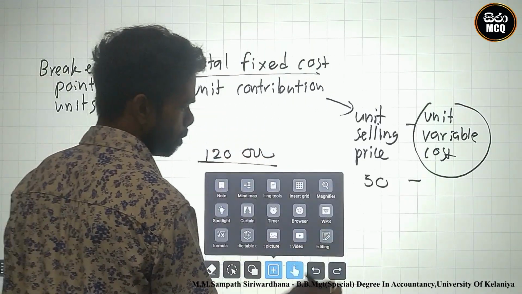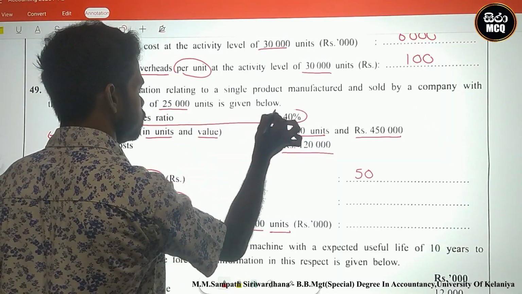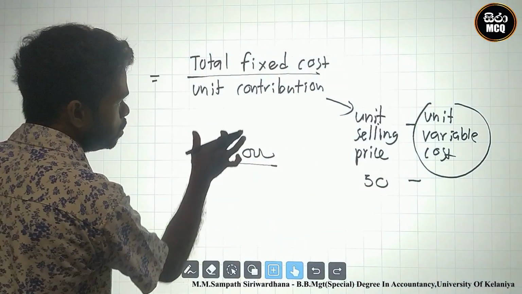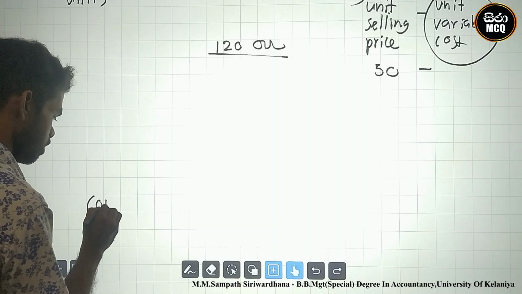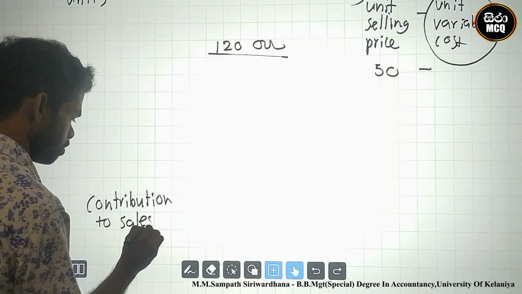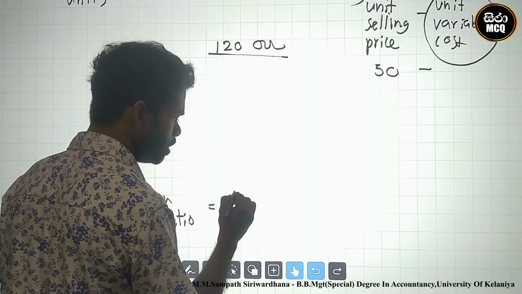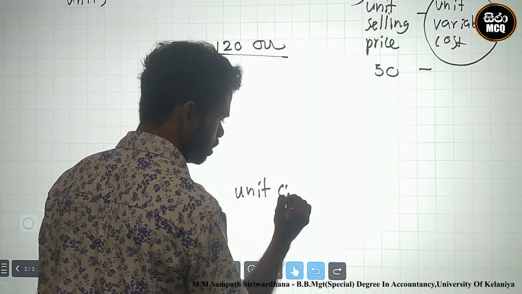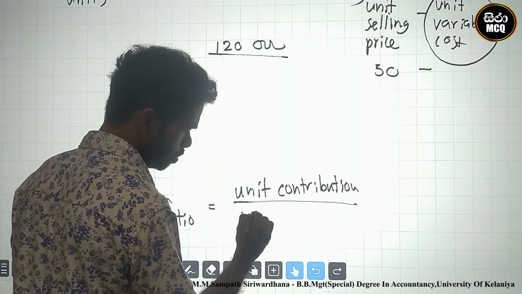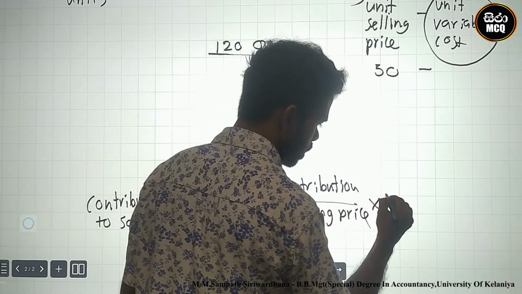We can use the contribution to sales ratio of 40%. The contribution to sales ratio is calculated as unit contribution divided by unit selling price, multiplied by 100.